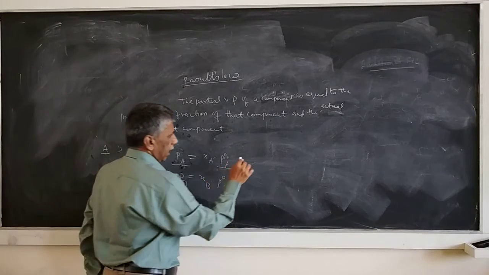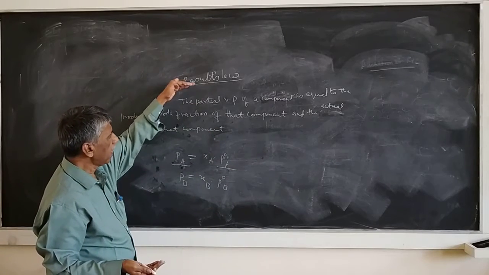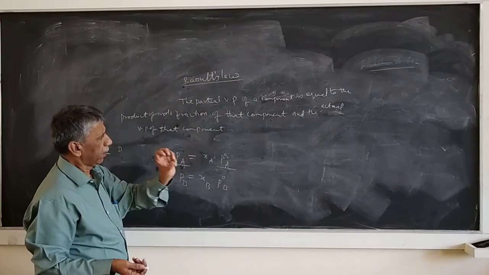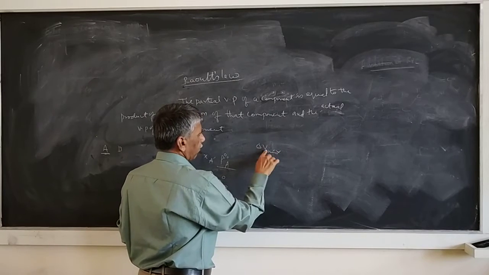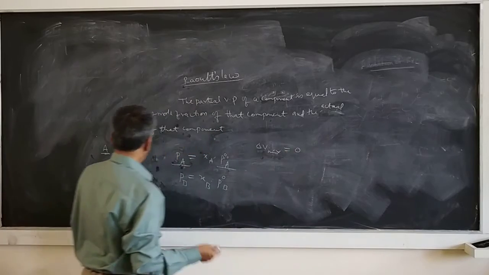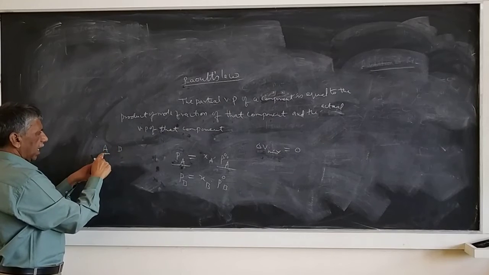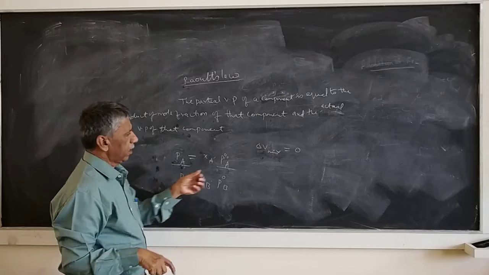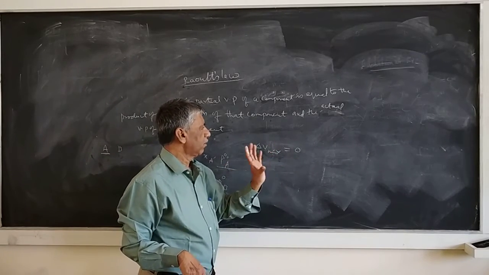An ideal solution, as we told you already, should obey Raoult's law. That is the first condition. Number 2, the delta V mixing, the change in volume after mixing, should be equal to 0. Here, to get the solution, I am mixing component A with component B. In this mixing, the change in volume should always be equal to 0.